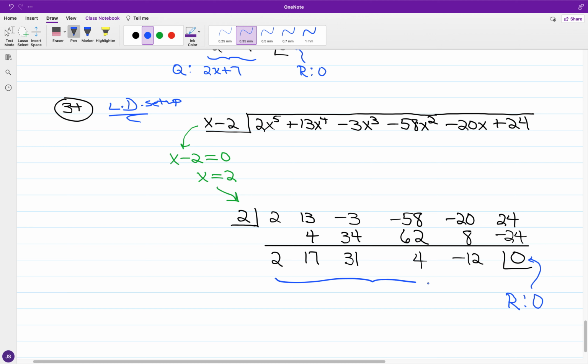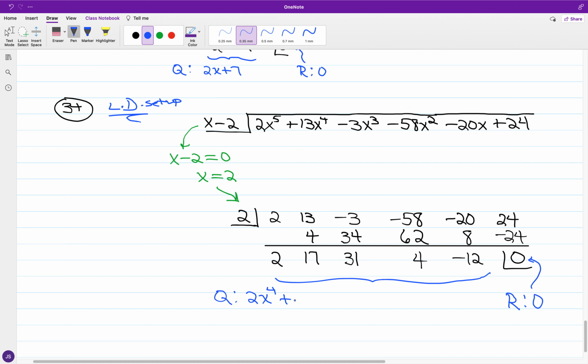And then we have for this wide array of numbers, the 2, 17, 31. Now the leading 2, so we're shifting from 2x to the 5th to now 2x to the 4th in the quotient.